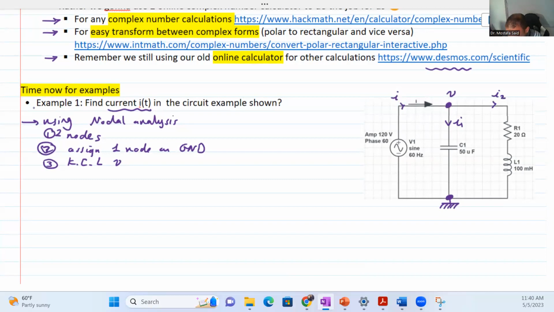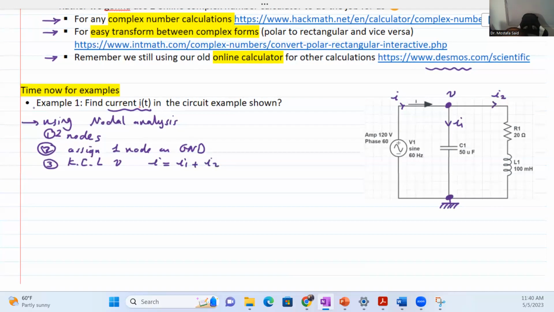So I equals I1 plus I2. Why? Because I is entering the node, and both I1 and I2 are going out of the node. As we learned in Kirchhoff's current law, the number of charges, particles, electrons going into the node equals the number of electrons going out of the node, or the rate, which is current.